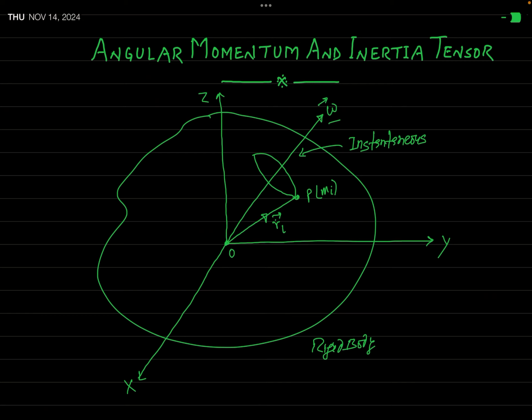Okay. One thing definitely you have studied in your lower classes, that in case of rotation of a rigid body, each and every particle of the body has same angular velocity, which is equal to angular velocity of the body. Angular velocity is not different for different particles.